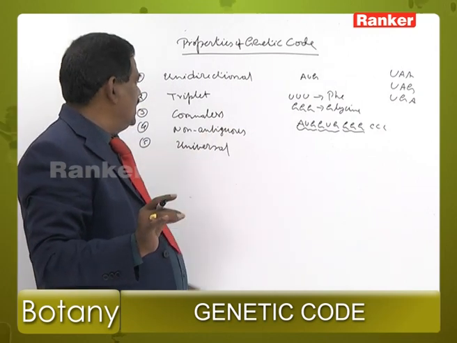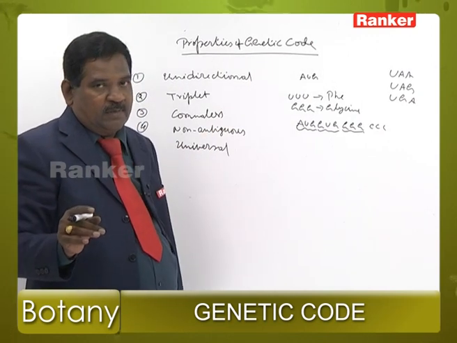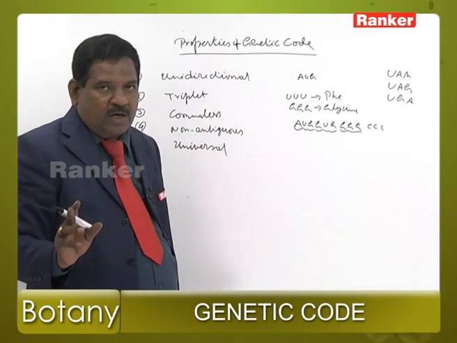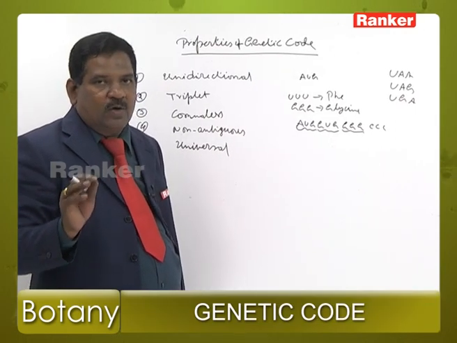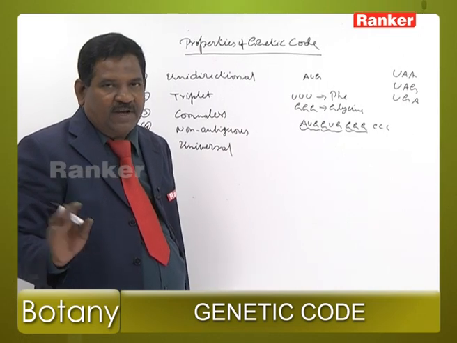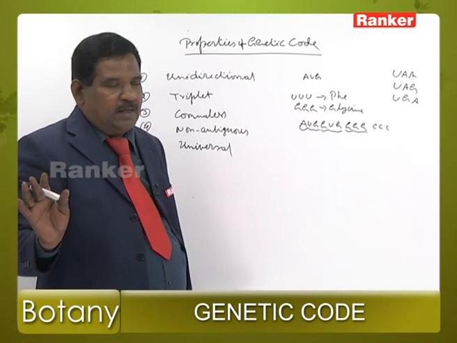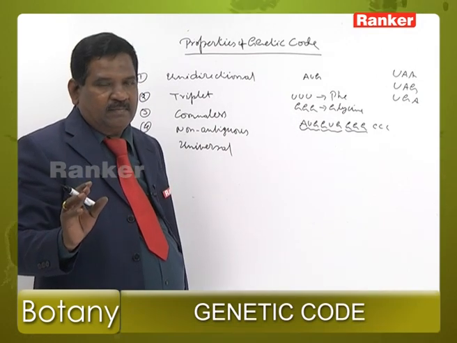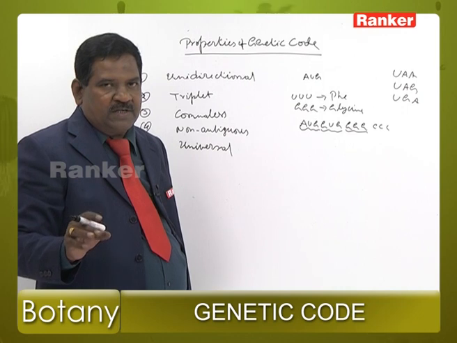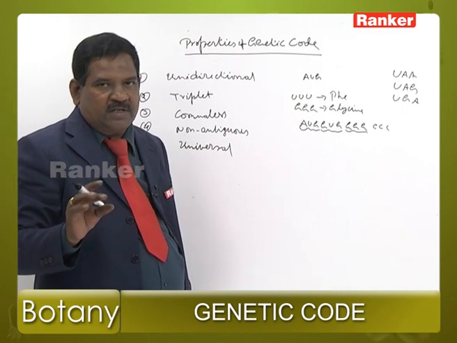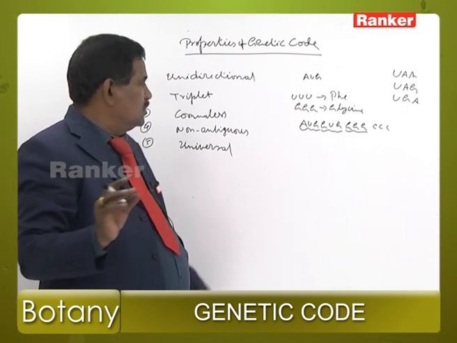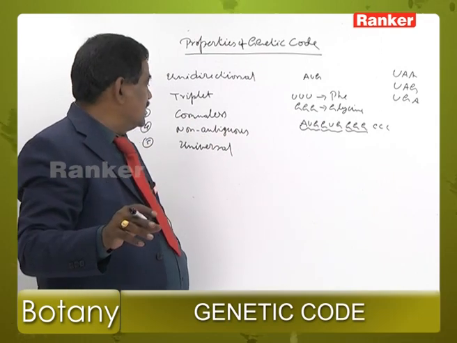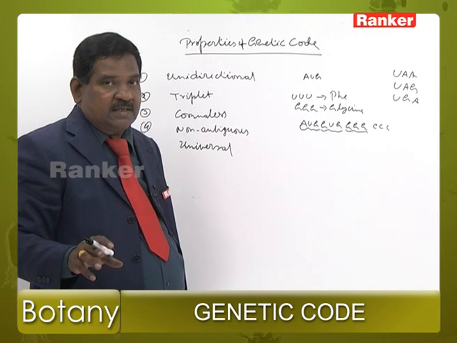So the code is commaless. In between any 2 codons, no nitrogen base or nucleotide is wasted. One codon ends and the next codon starts immediately. No punctuation, no stop signals, no wastage of any nitrogen base. So the code is commaless.